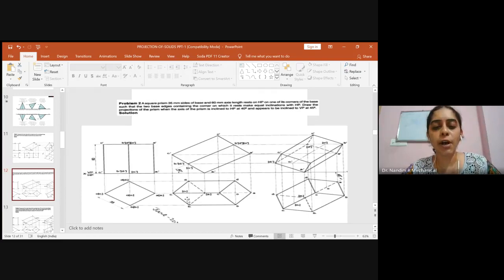You can join C to B. D1 to D you will join, B1 to B you will join, A1 to A you will join, C1 to C you will join, O1 to O you will join. That provides the connectivity between the bottom surface and the top surface.